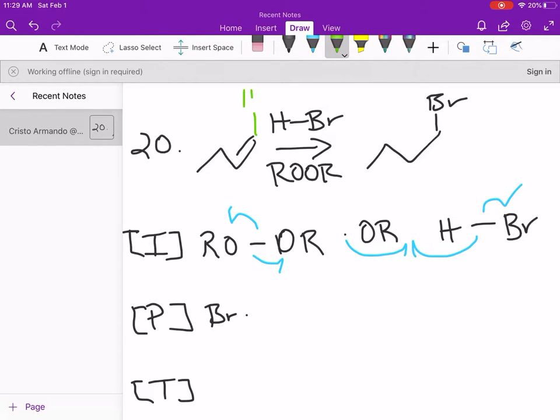You know, there's hydrogen right here, hydrogen right here, hydrogen right there, hydrogen right there. Right? So, what's going to happen here is that the double bond is actually going to participate in this radical mechanism.